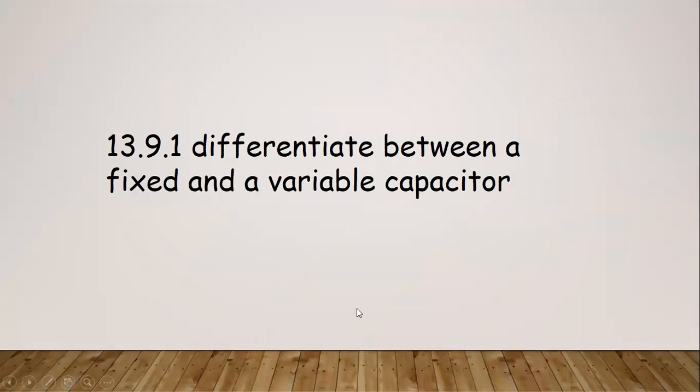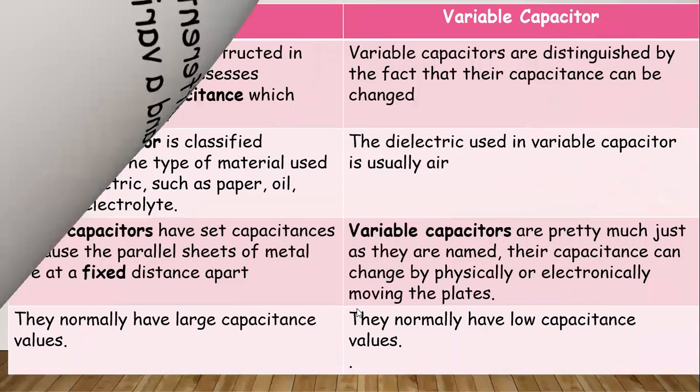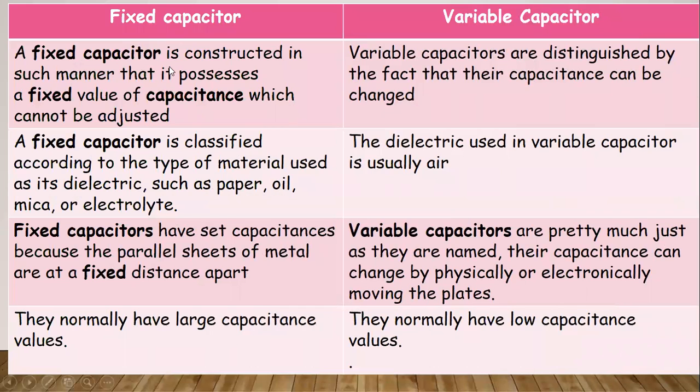Now we are going to differentiate between fixed and variable capacitors. The fixed capacitor is constructed in such a manner that it possesses a fixed value of capacitance which cannot be adjusted. Variable capacitors are distinguished by the fact that their capacitance can be changed. A fixed capacitor is classified according to the type of material used as its dielectric, such as paper, oil, mica, or electrolyte.